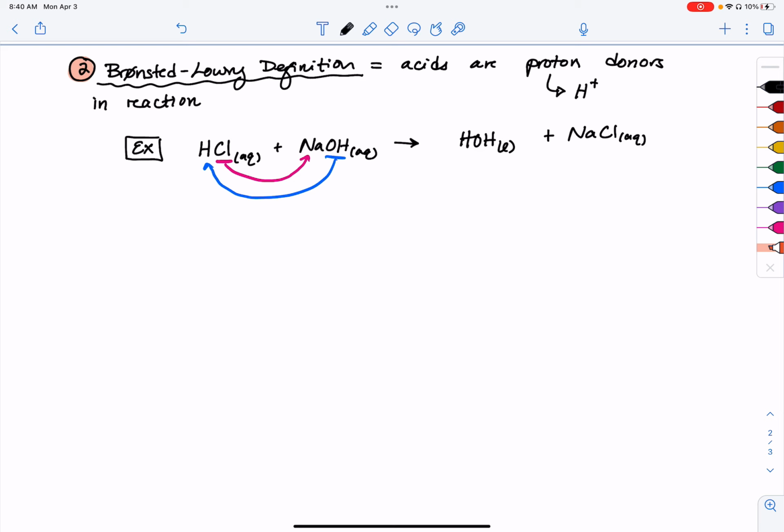Sodium and chlorine come together to form a soluble compound, using our solubility rules. Feel free to reference those if you would like.